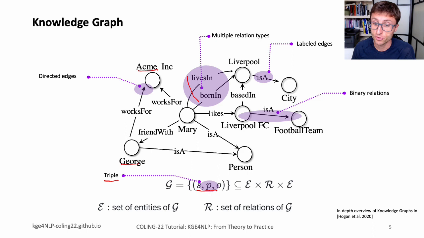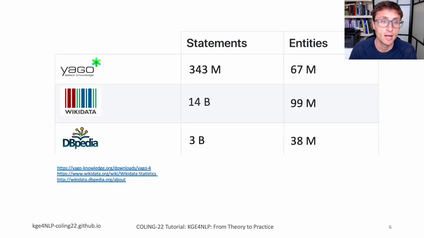There is a great introduction to knowledge graphs in this paper by Aidan Hogan and others published a couple of years back, which I really invite you to read if you're interested in additional details. Now, just to give you a sense of the size of these knowledge graphs, I put on the slide here three examples of publicly available graphs. One is YAGO, another is Wikidata, and then we have DBpedia.